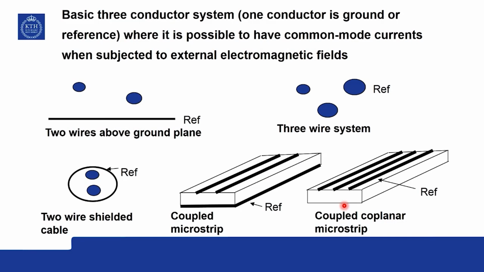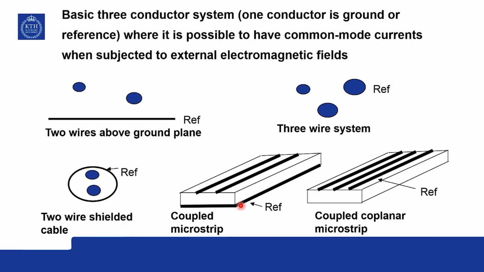Now, this type of common mode current can be produced in any 3 conductor system when subjected to external fields. So, they are very common. For example, 2 wires above a ground plane, a 3 wire conductor system, a 2 wire shielded cable, or a coupled strip or a coupled coplanar microstrip.